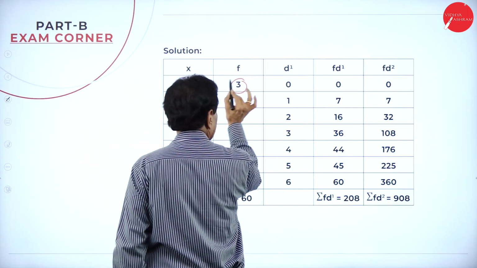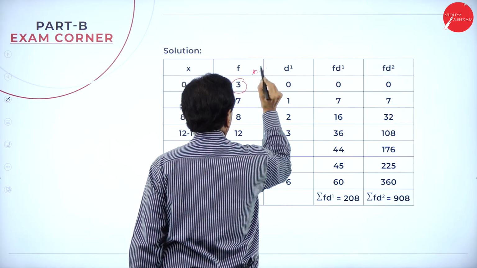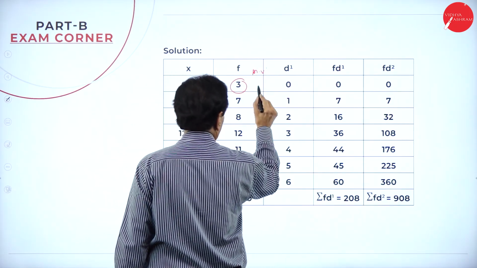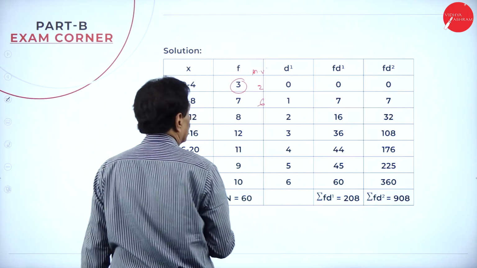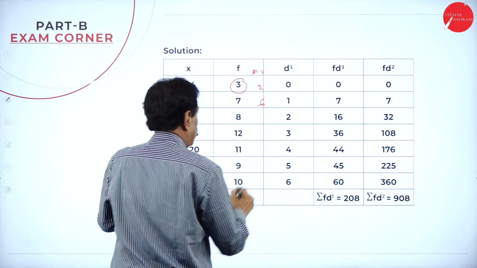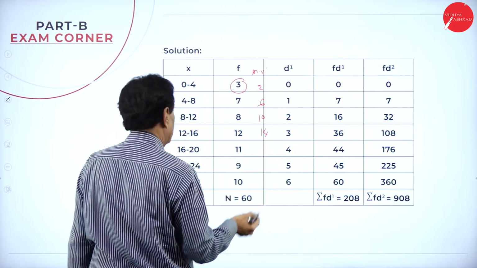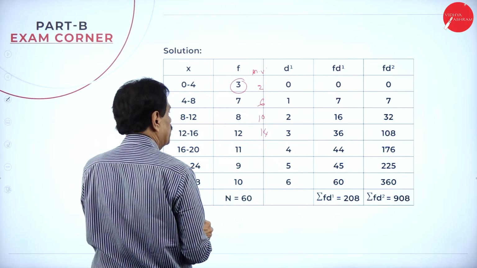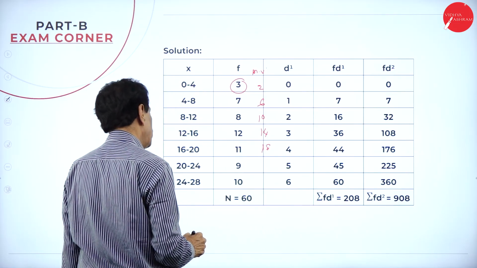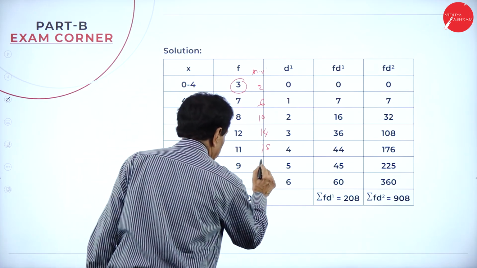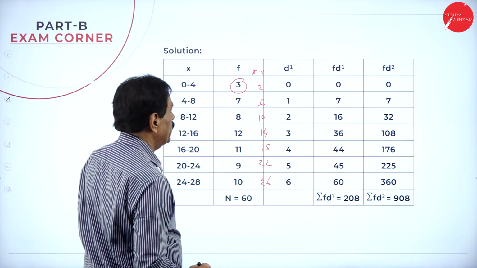If you want, you can take the mid value here. 0 to 4 is 2, 4 to 8 is 6, then 10, 14, 18, 22, and 26.